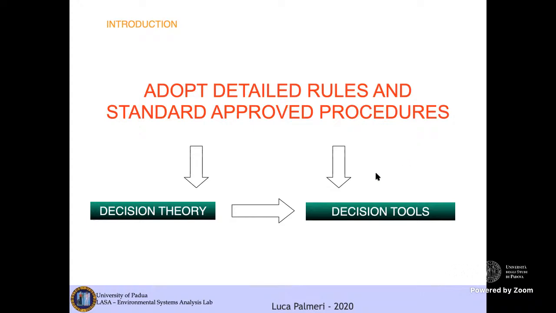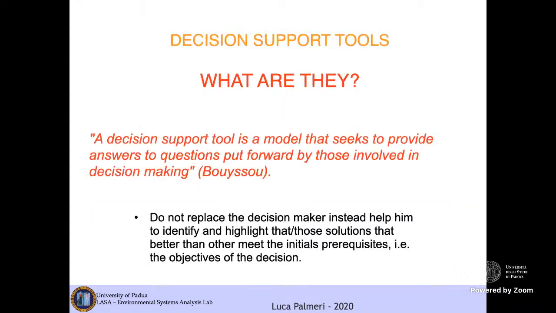From decision theory we obtain the guidelines for building decision tools. Decision theory guides us in building the models that will help decision makers in ranking and selecting the appropriate scenarios, ranking alternatives based on the possible scenarios produced by our models.